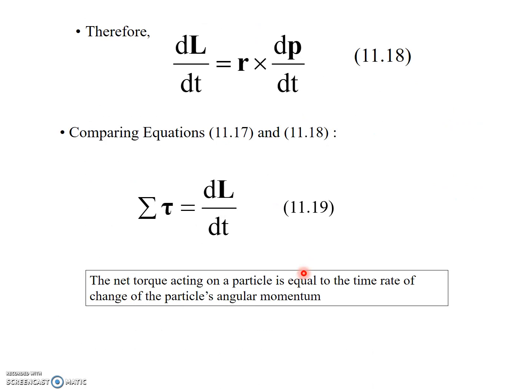So our equation now becomes dL over dt equals r cross dp over dt, where dp over dt is F, r cross F is the torque, so the torque equals dL over dt, which we can write as equation 11.19. The total torque equals dL over dt.